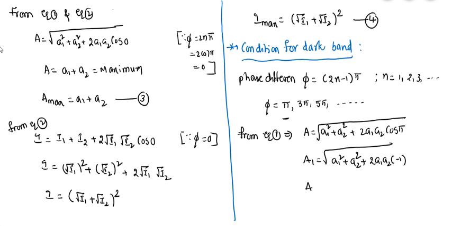Then the amplitude we will get is a1 minus a2 whole square, the square root will cancel. Then you will get amplitude as minimum. That is, the minimum amplitude formula is a1 minus a2. We have to subtract.